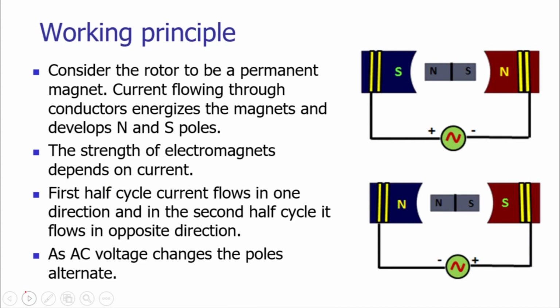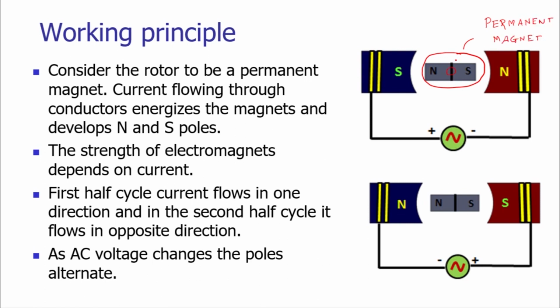Let us study the working principle of AC motor. To understand the working principle, let us consider the rotor to be a permanent magnet. So here you can see the rotor is considered a permanent magnet. This is the permanent magnet rotor.